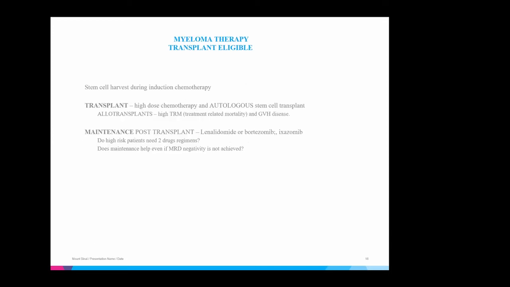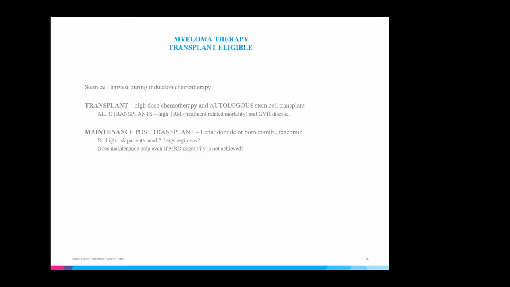So patients who are eligible for transplant usually undergo stem cell harvest during induction therapy. They're often referred for transplant consideration after their 3rd or 4th cycle of chemotherapy.